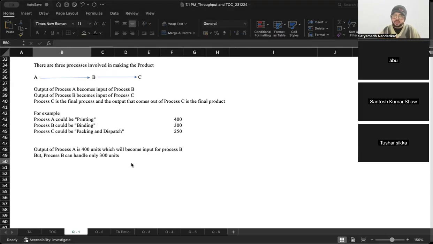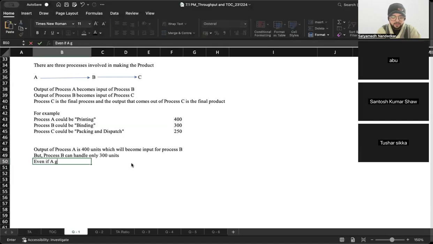And while process B gives you 300 units, C can handle only 250 units.